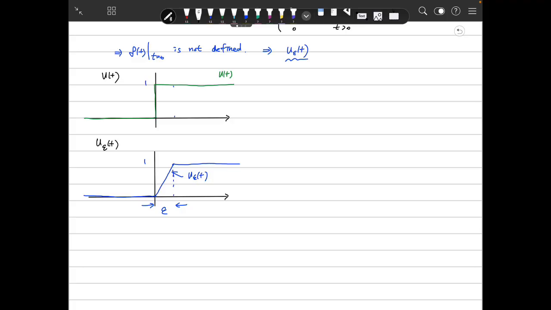Then how about the delta functions? Delta t looks like zero values, and this is not defined.